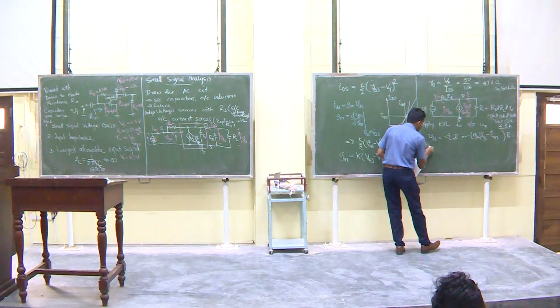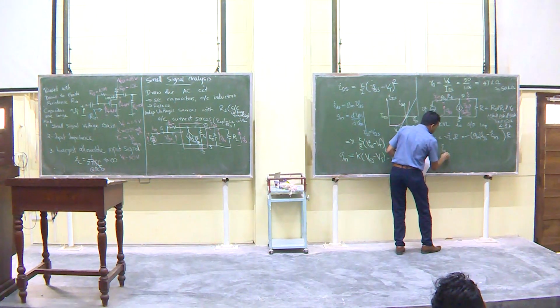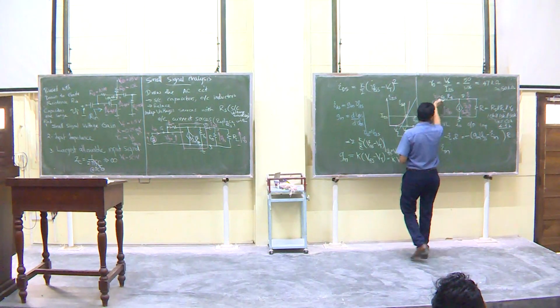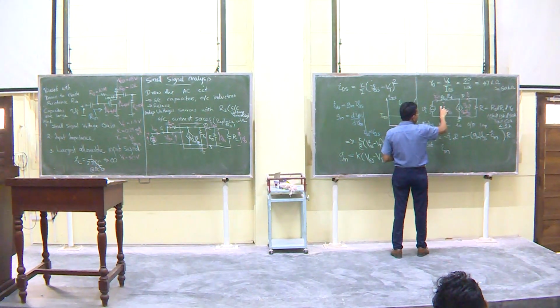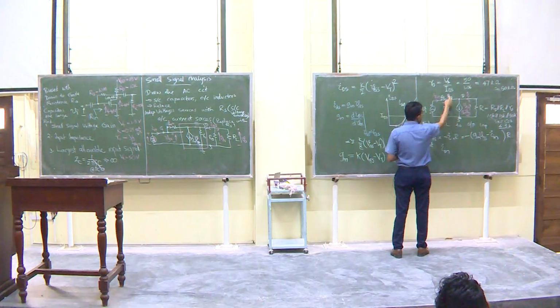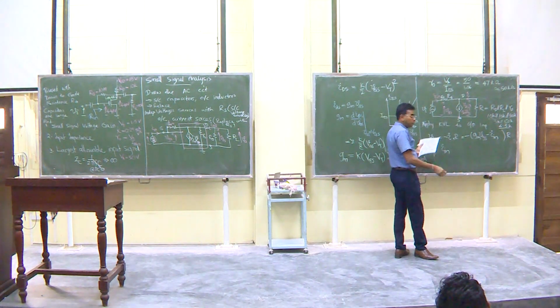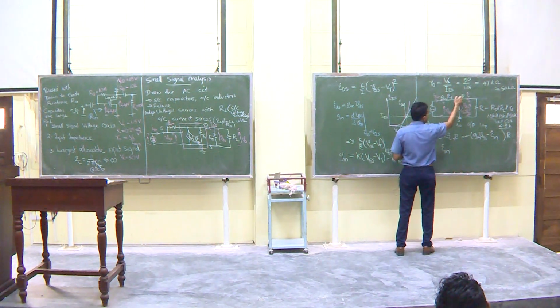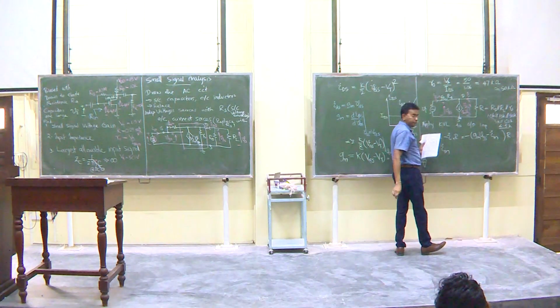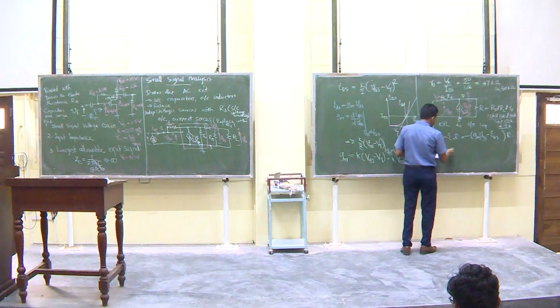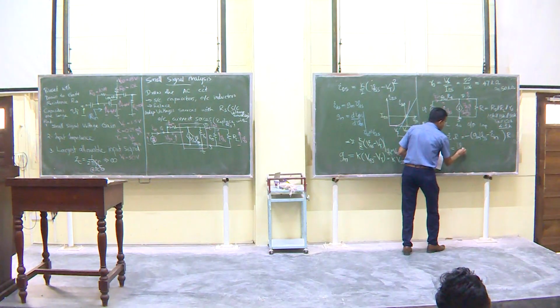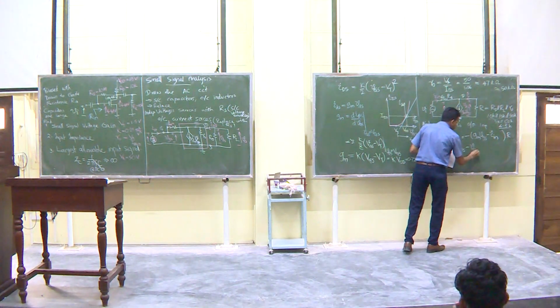But I in, from this voltage difference, is basically this voltage difference divided by RG. So this voltage minus this voltage divided by RG is equal to I in, right? I in is equal to VGS minus VDS divided by RG.